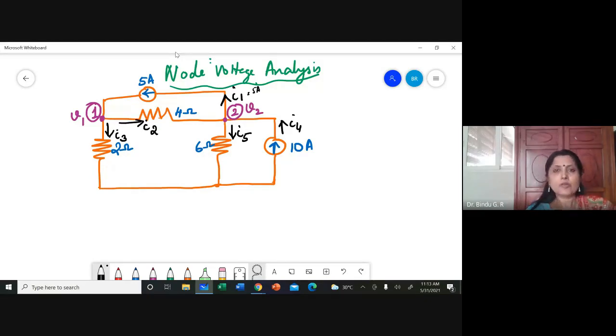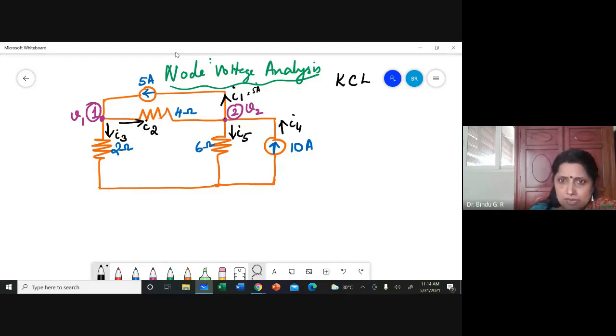Now, one thing that you have to note here is that when it comes to node voltage analysis, I have put only current sources, 10 ampere and 5 ampere current sources, no voltage source is given. Whenever you have node voltage analysis, you are going to apply Kirchhoff's current law to nodes 1 and 2.